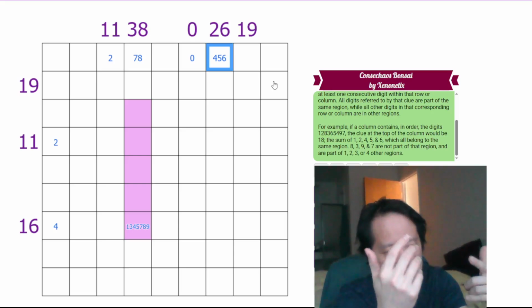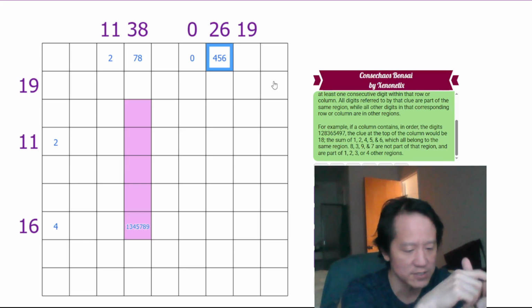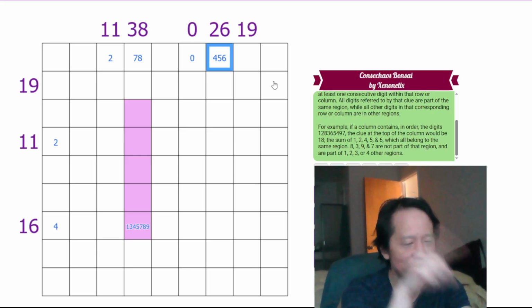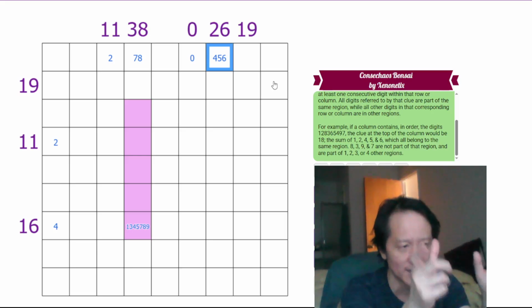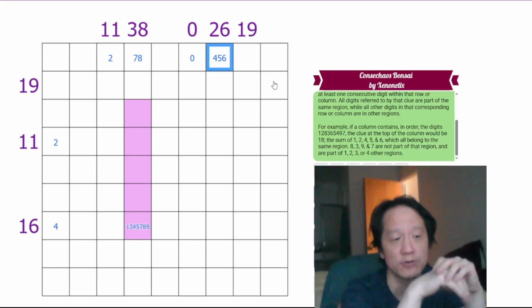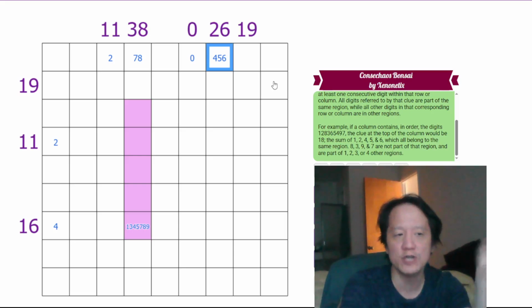But the problem is that forces 5 and 6 to move up twice, so that becomes 7 and 8, and the 4 to move up once, so that would be 5. So you would have 1, 2, 3, 5, 7, 8, and 5 is not consecutive with any of those digits. So it technically can't be part of the group then. So you cannot have 6 here.